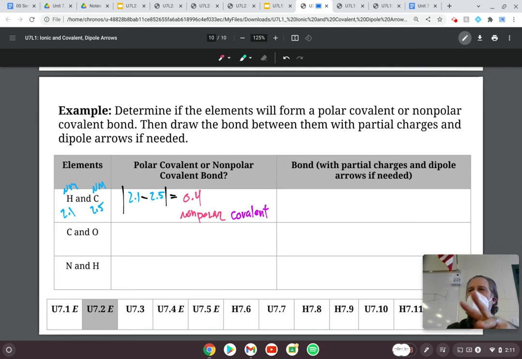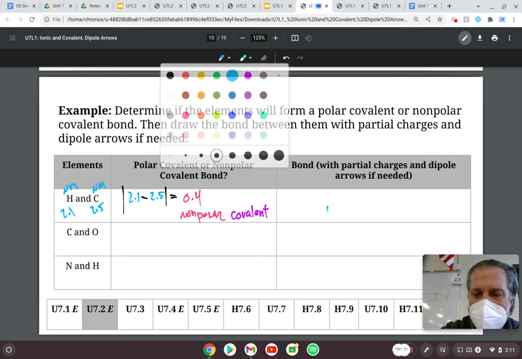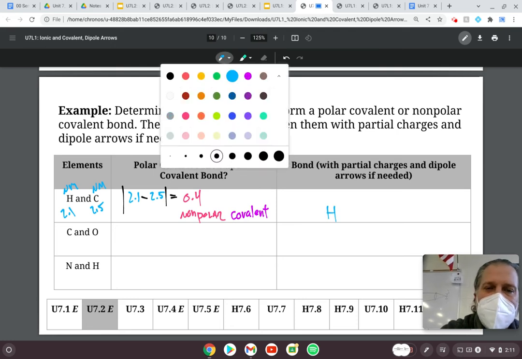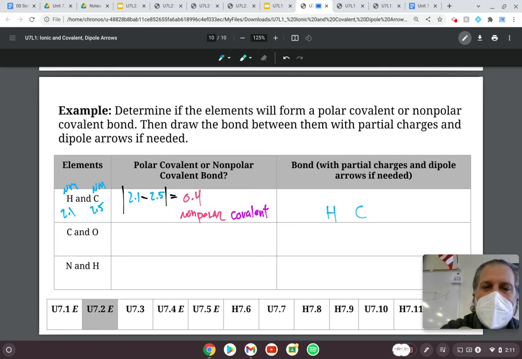So now if I draw this bond, I'm going to simply take my hydrogen and my carbon, and connect them with a line. That line is an indication that those atoms are bonded together. Because it is nonpolar, the electrons are being shared equally, and as a result, I'm kind of done. I don't have to do much.